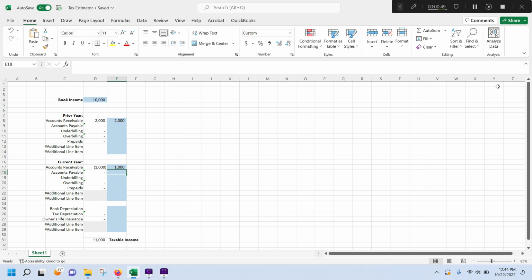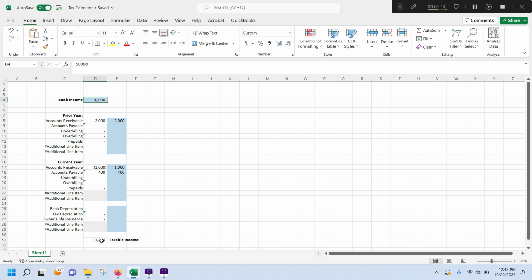So assume in the current year your accounts payable is $400. That $400 is an addition to the book income. We are adding back that $400, saying you can't take credit for it because we're looking for transactions that relate to the movement of cash.